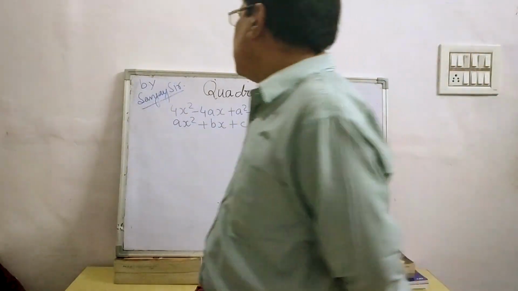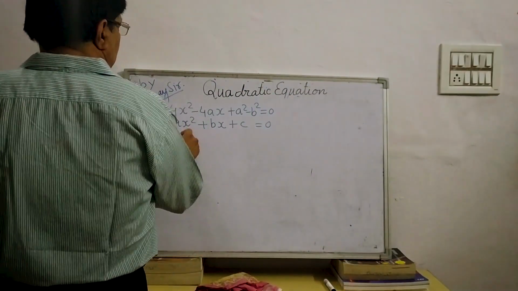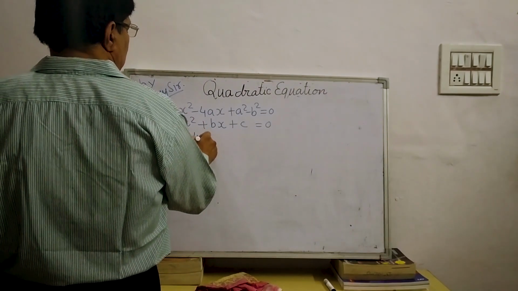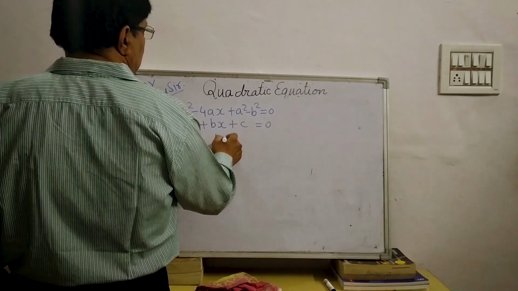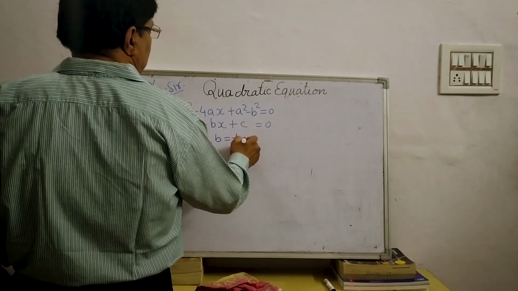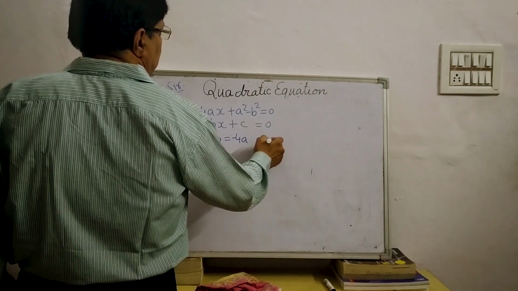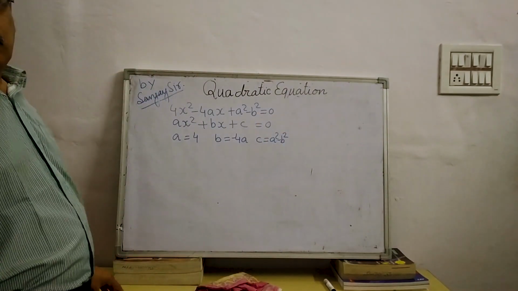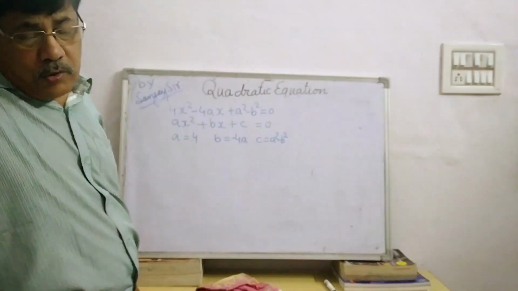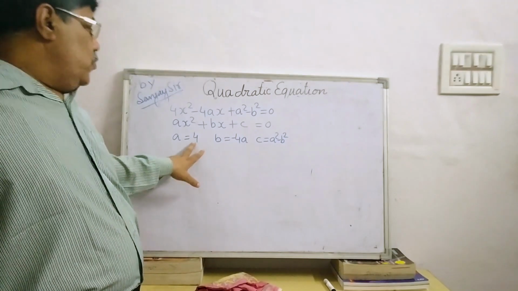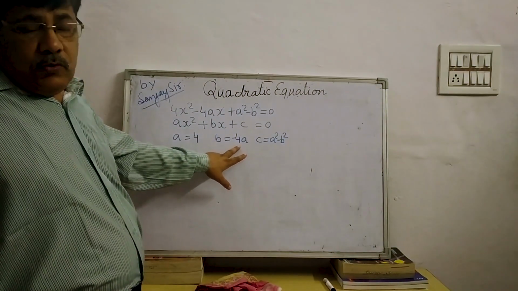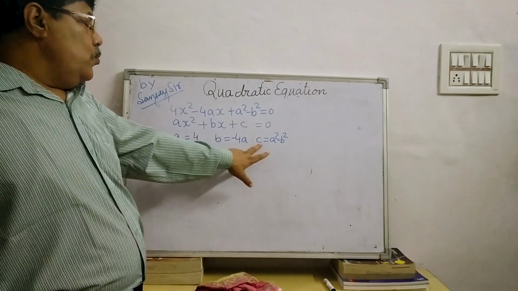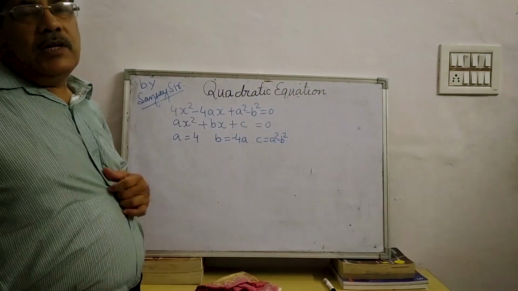A will be 4, b will be minus 4a, and c will be a square minus b square. Got the point? How will you compare? a equal to 4, b equal to minus 4a, and c equal to a square minus b square.